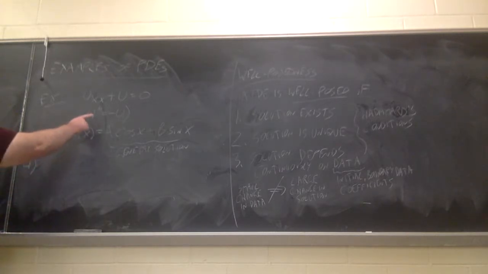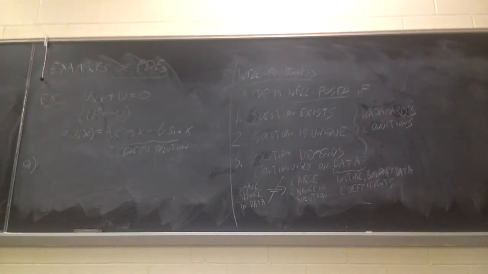Because we have a second derivative, a second order equation, in order to nail down a unique solution, I need two conditions to impose. Whereas if it was a first order equation, I'd only need one condition. So I can specify the value of the solution at 2 points. We can think of those as boundary conditions, and then see if we have a unique solution.